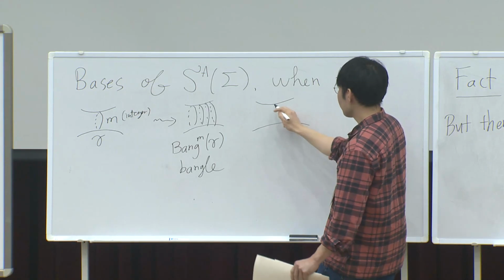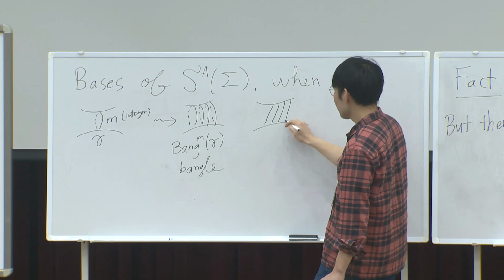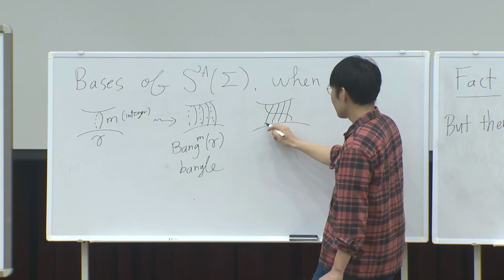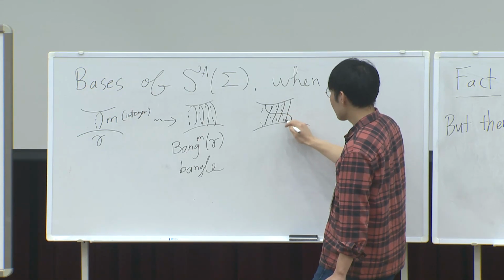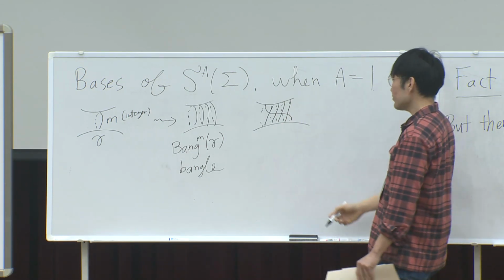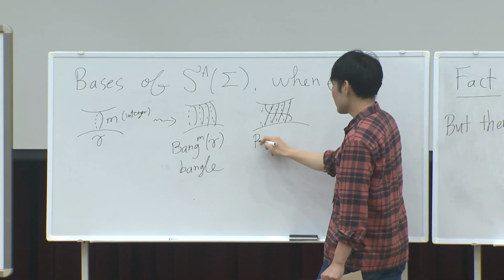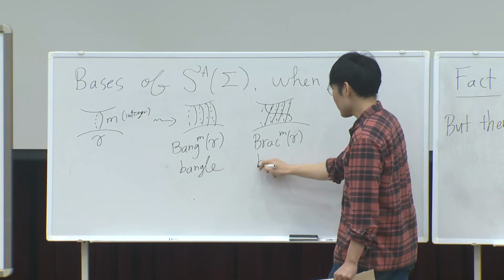Let me not mess up. So instead of m disconnected things, you can do m winding around. And that's called a bracelet. This is called a bracelet.